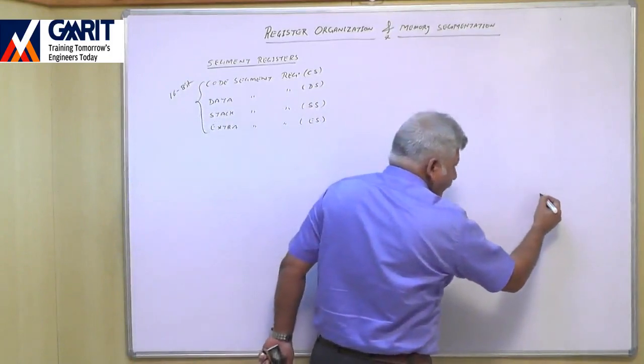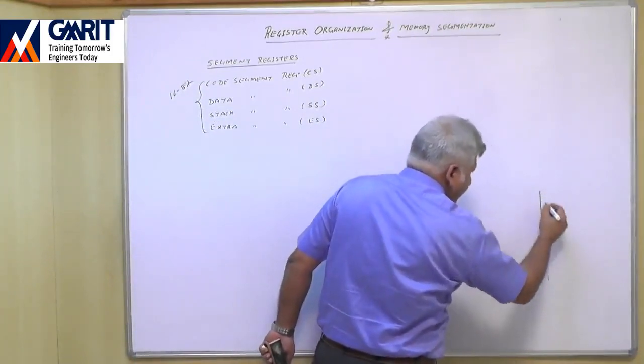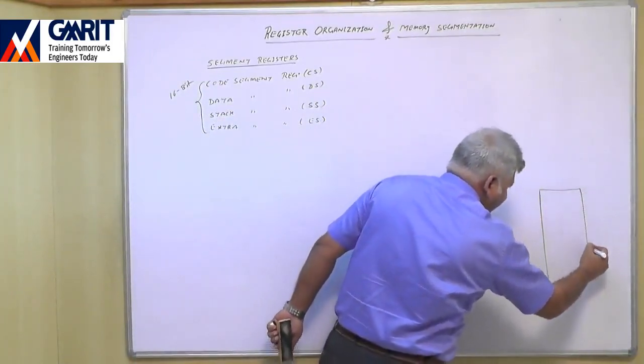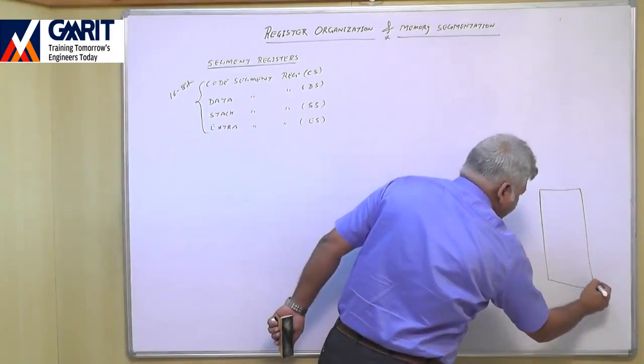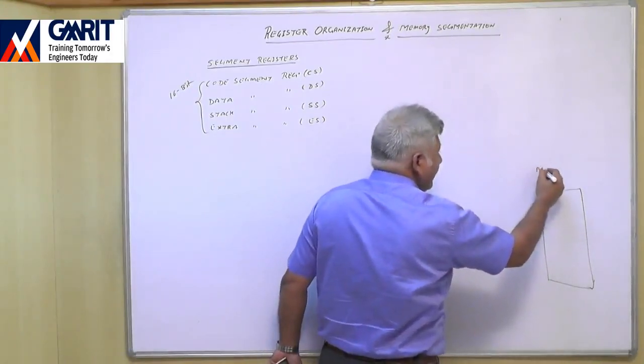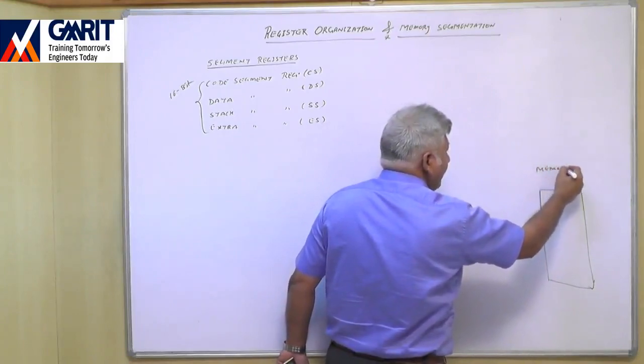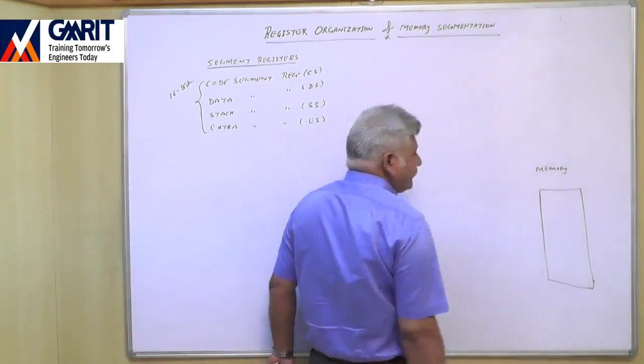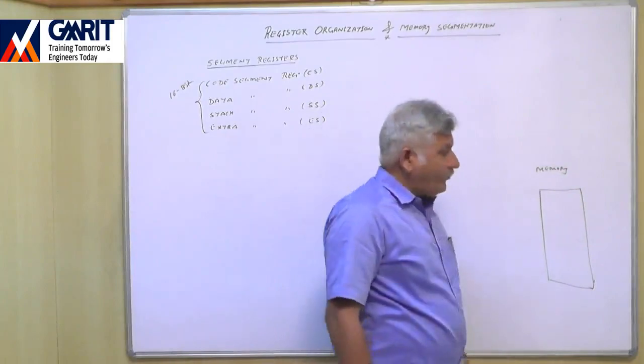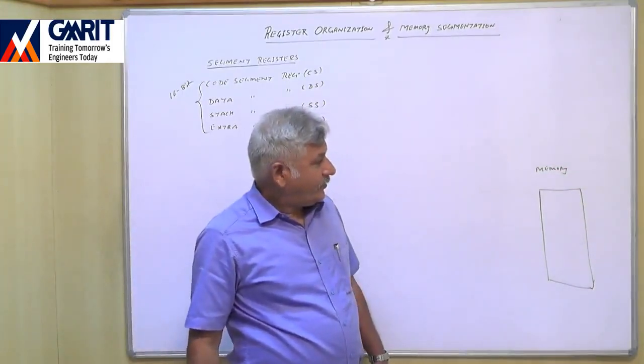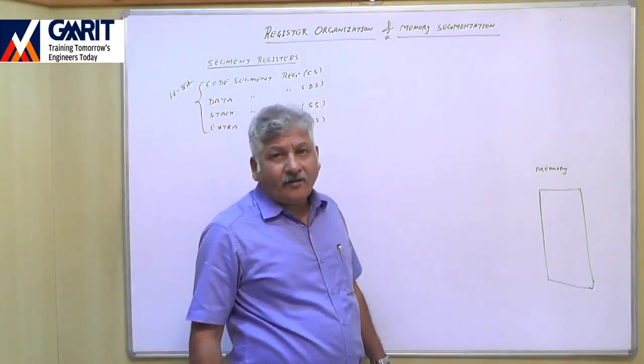Now suppose this is the memory of the 8086 processor. In total we can access a maximum of 1 megabyte of memory.